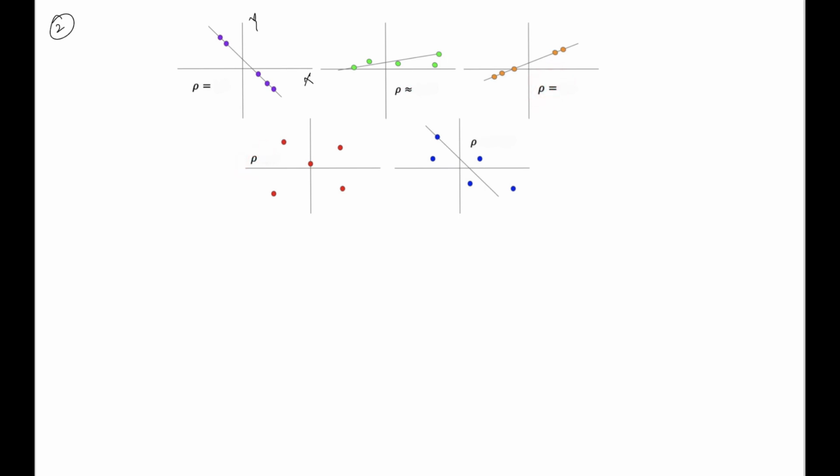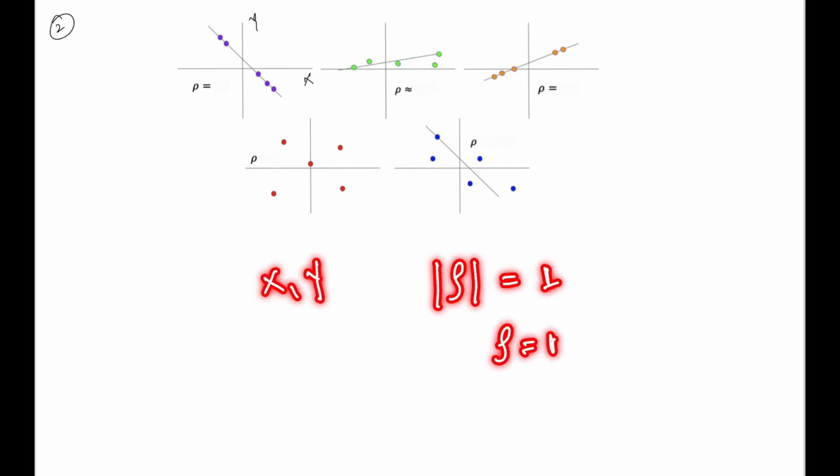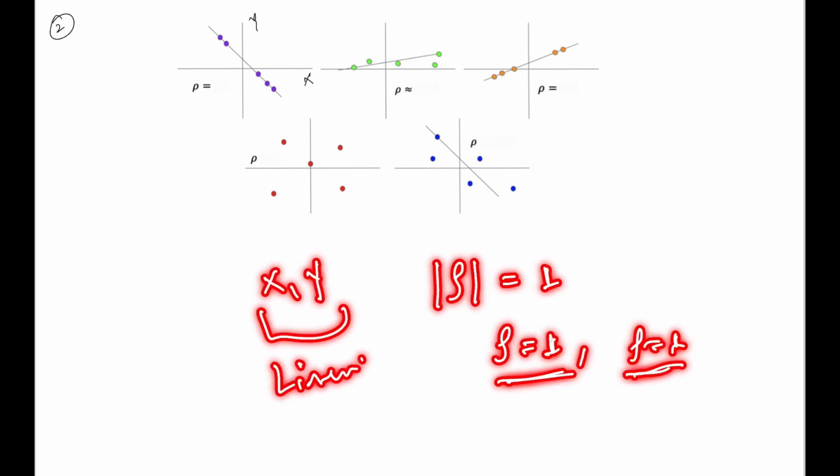So we have seen that we will have a linear relation between these two random variables x and y if the absolute value of correlation is 1. That means if the correlation coefficient is 1 or -1, then we will have a linear relationship between x and y. That means you will have a straight line.